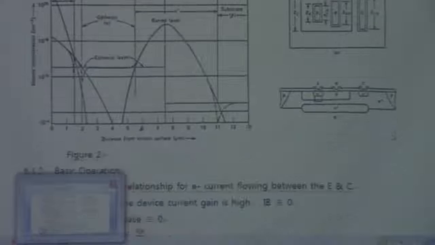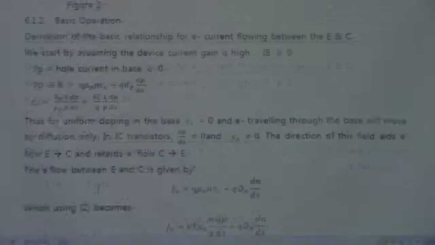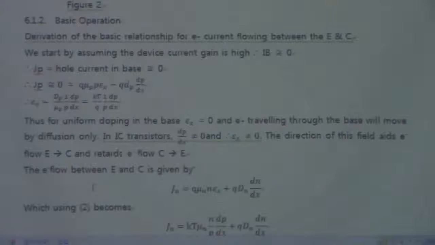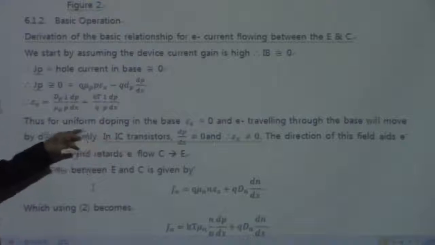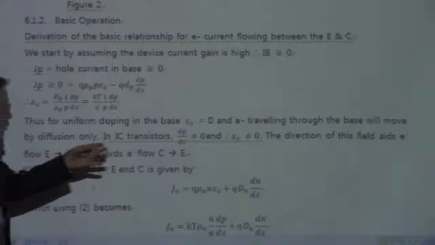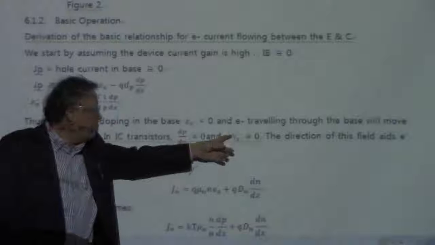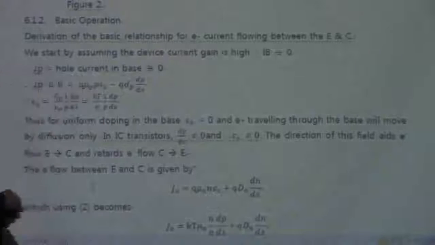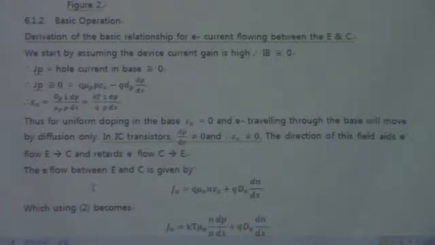So we have some concentration gradient, of course, and this concentration gradient will give rise to an electric field, which is not going to be zero.